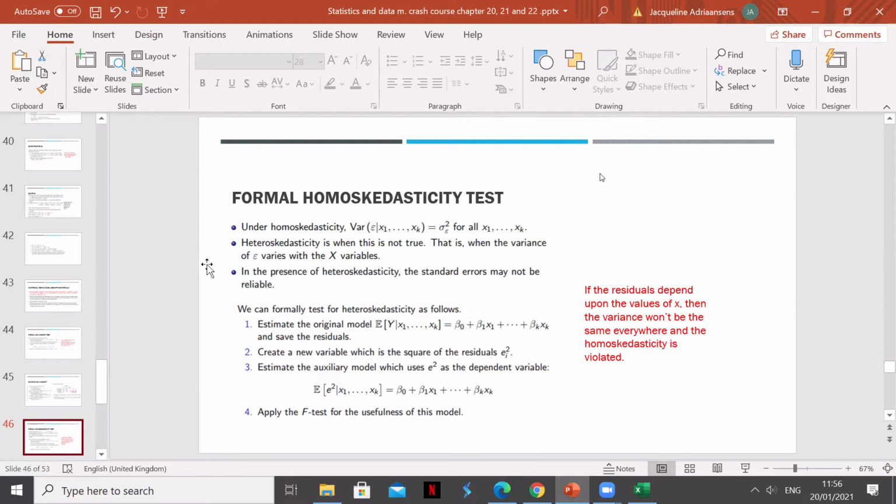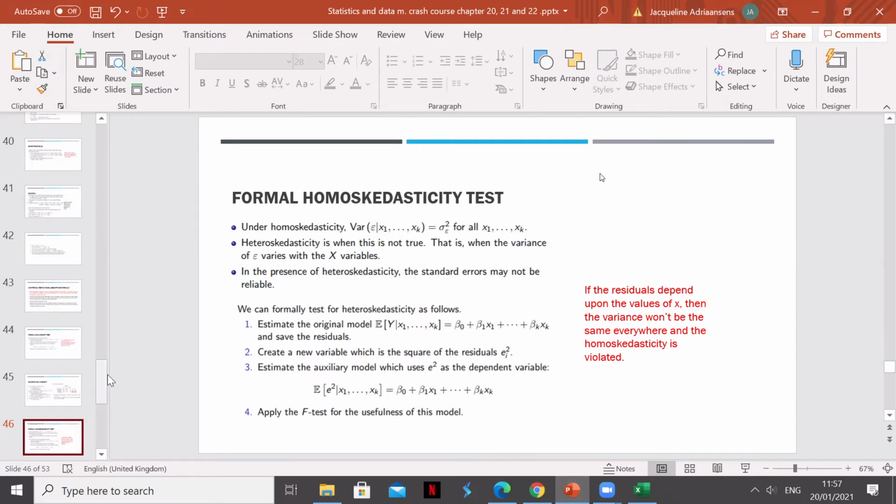So homo is the same, hetero is different or opposite. And so when you have hetero, you don't have homo. And so that's when the variance of E varies with the X variables. Thus, it's not constant, as homoscedasticity suggests. And in the presence of heteroscedasticity, the standard errors, again, may not be reliable.